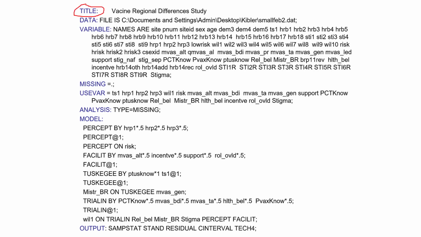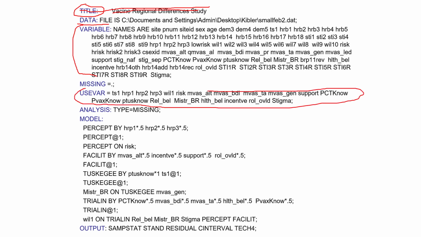You don't need to give things titles, but it helps you remember what you did with this model, and this is not even that great of a title I gave. You tell M+ where the data file is. You tell M+ what the variables are, which variables you're going to use in this model. If you're not using them all, just which ones you actually use.